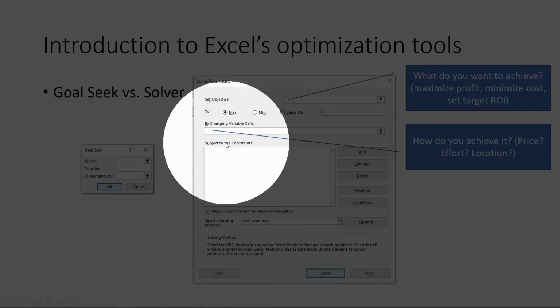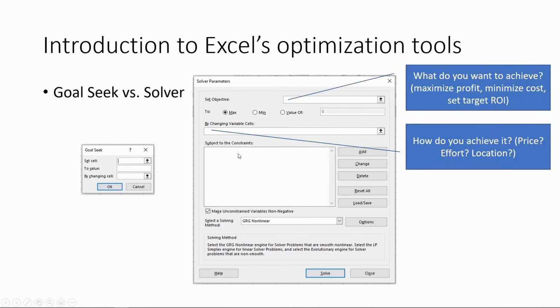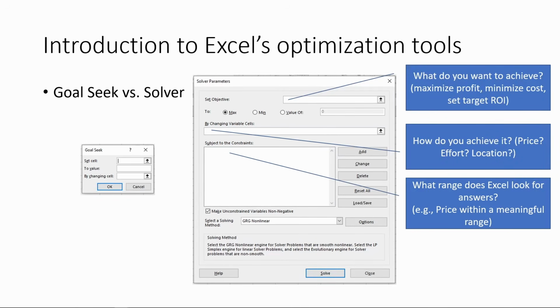And once you have the changing cells, such as price, you need to tell Excel's solver engine what range Excel should look for answers. Is it between $5 to $50 or $5 to $5,000? What are the constraints that you allow Excel to search the answer for you?